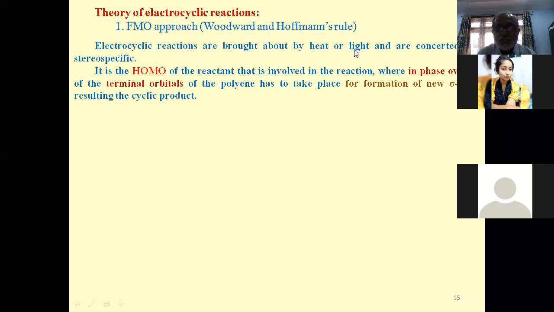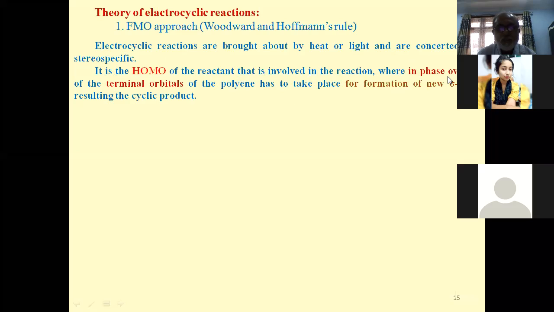These reactions are concerted, meaning simultaneously happening, and stereospecific. Very much stereospecific. You understand the meaning of stereo. Now here it is the HOMO of the reactant that is involved in the reaction. That is the frontier orbital. The whole approach of this theory is that the HOMO is involved.